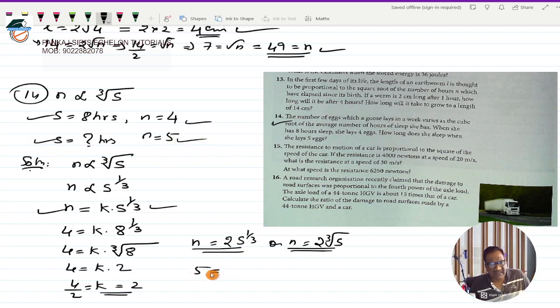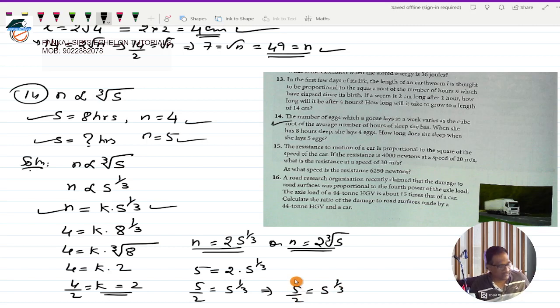So n is equal to 5, 2 times s raised to 1 by 3. So this will be 5 upon 2 equal to s raised to 1 by 3.